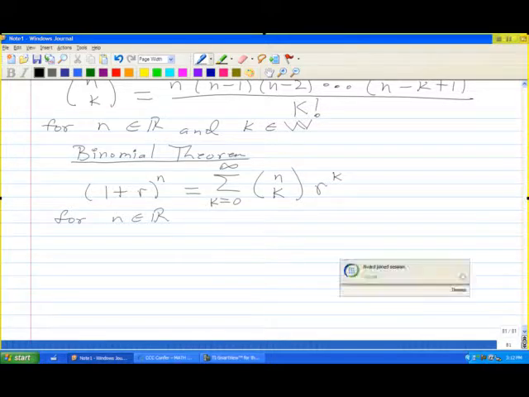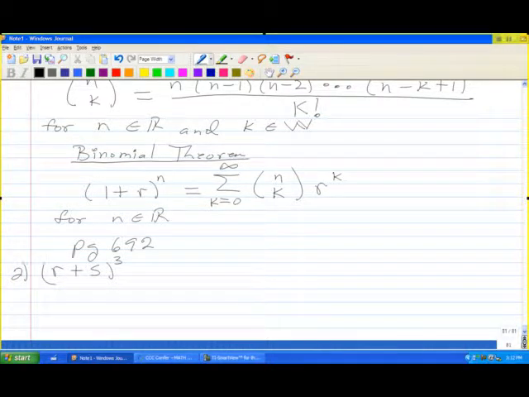So let me do some examples. Let's say on page 692, let me do problem number 2, (r plus s) cubed.